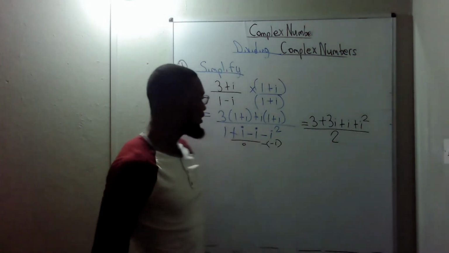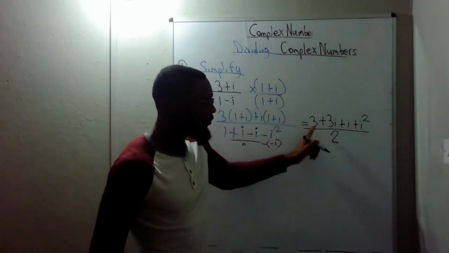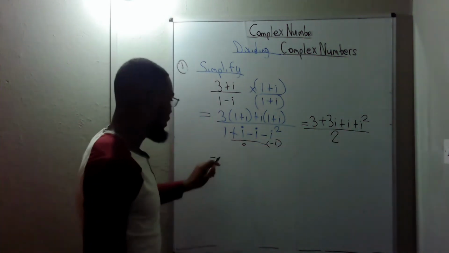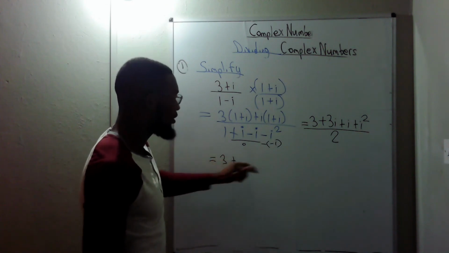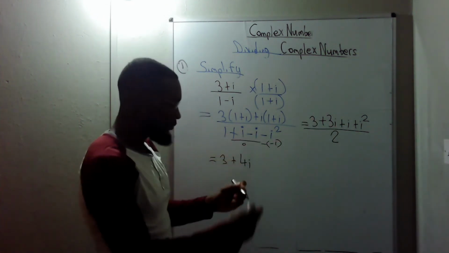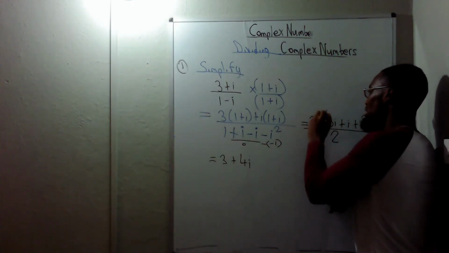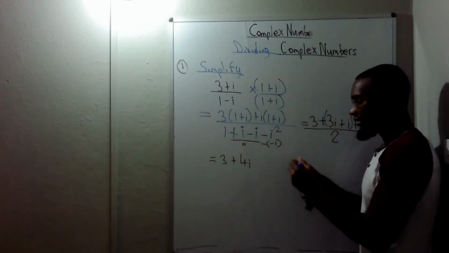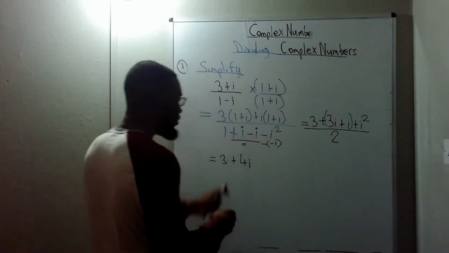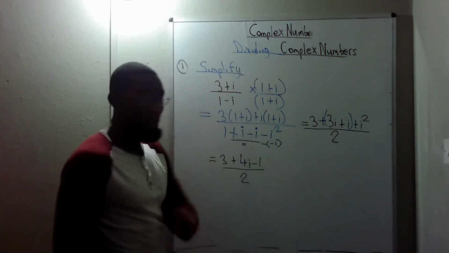Now i squared is negative 1. So this becomes 3 minus 1. Because this is now saying 3 plus 3i and i is 4i right here. And i squared is negative 1. So this becomes 3 plus 4i minus 1 over 2.